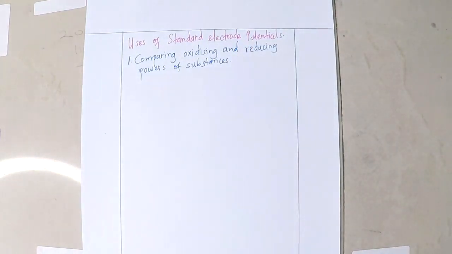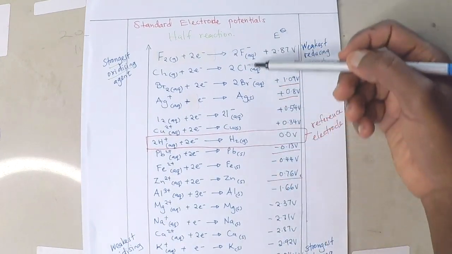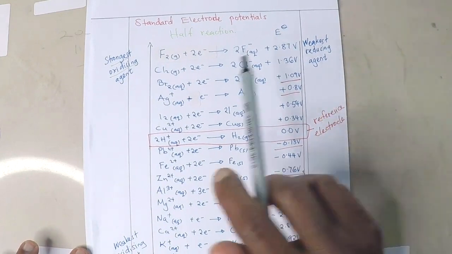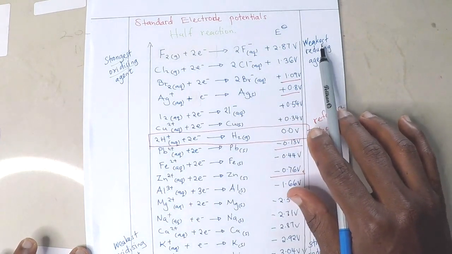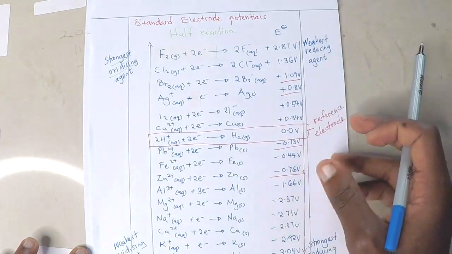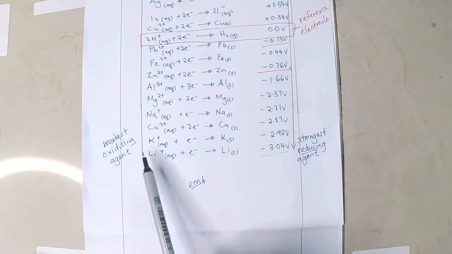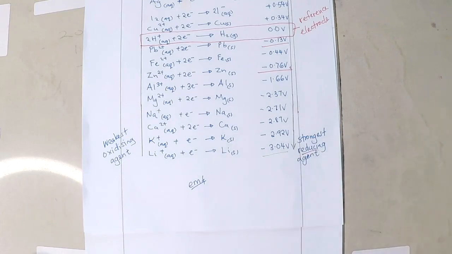Now, just like we had said before, you can see that the different elements or substances here have different oxidizing and reducing powers. Fluorine is the strongest oxidizing agent, while at the same time being the weakest reducing agent. On the other hand, lithium is the weakest oxidizing agent and the strongest reducing agent.